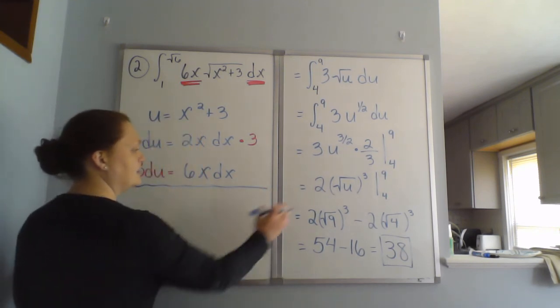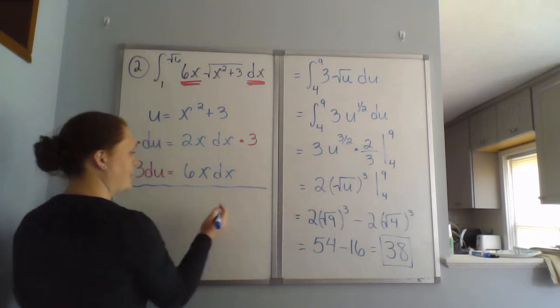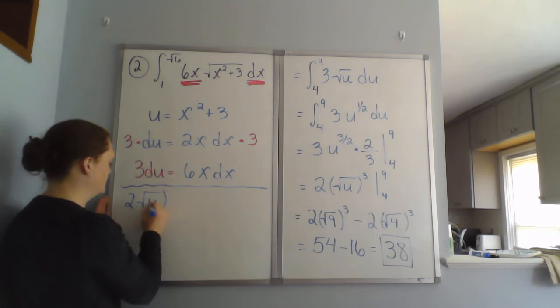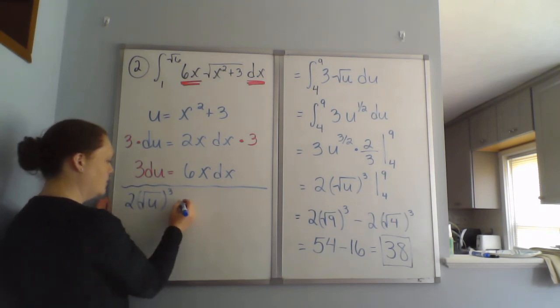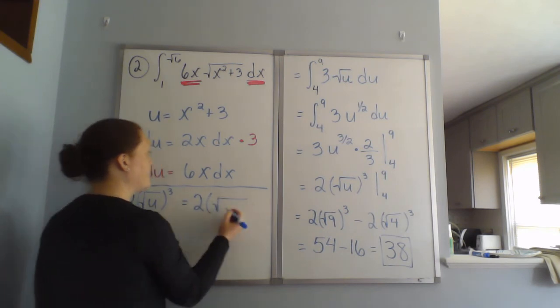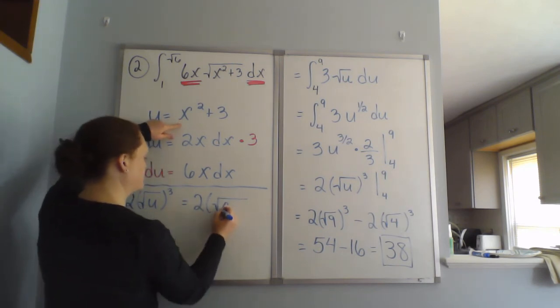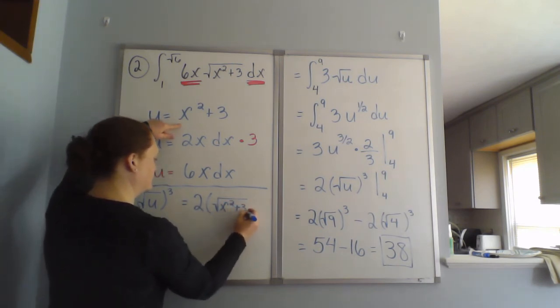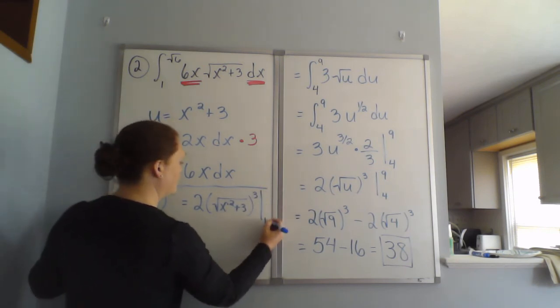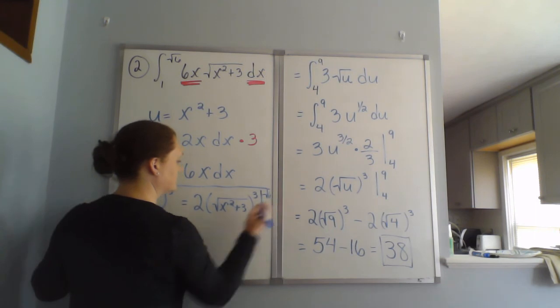We would have had 2 square root of u cubed, which is the same thing as 2 square root of x squared plus 3 cubed. And then we would evaluate from 1 to the square root of 6.